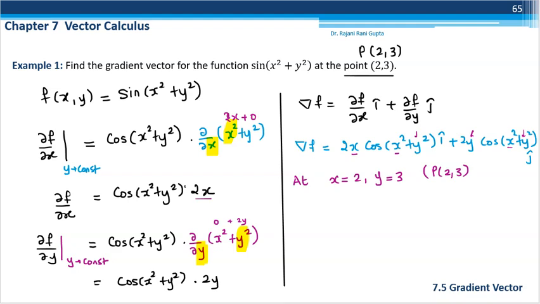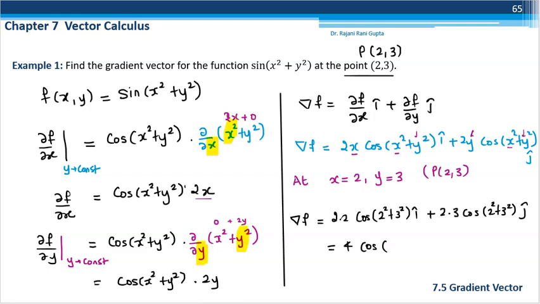So del f equals 2 times 2 cosine of 2 squared plus 3 squared i plus 2 times 3 cosine of the same, j. So this gives you 4 cosine of 4 plus 9, that is 13, and then 6 cosine of 13 j. So this is your gradient of f.